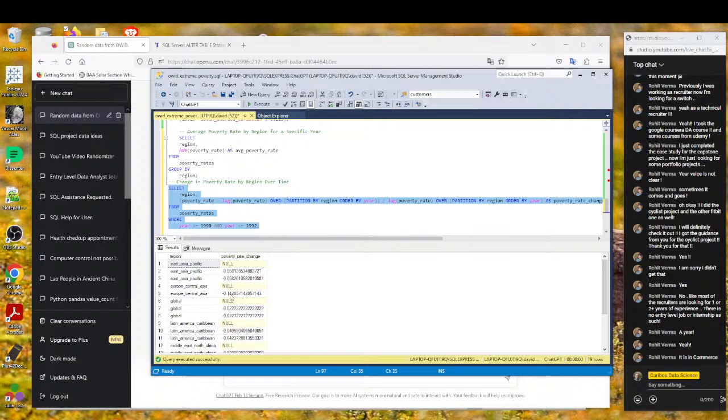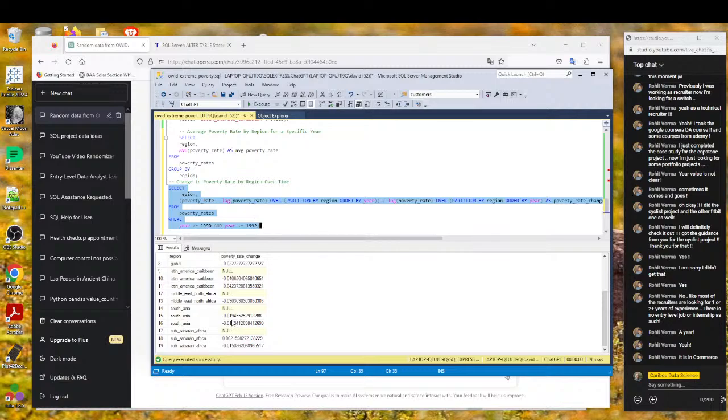Interesting. Don't have two reports for Central Asia. So what this tells us is the poverty rate between 1992, most of these countries didn't really change that much.